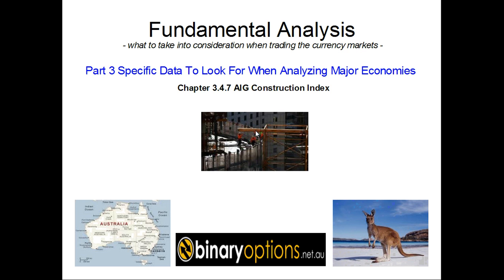If the values are higher than the 50 level, then the industry is considered to be in expansionary mode, and just the opposite is true as well. If the values are lower than the 50 level, then the industry is considered to be in contraction or in recession, and this should be treated as such.